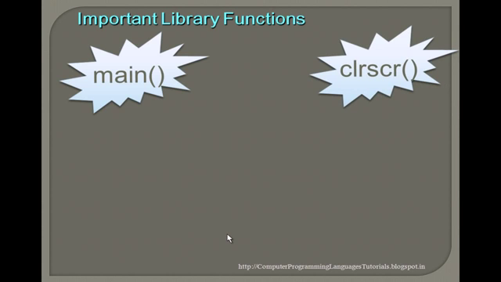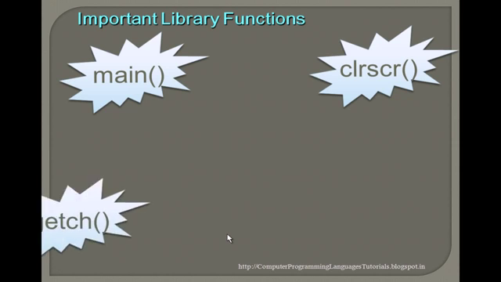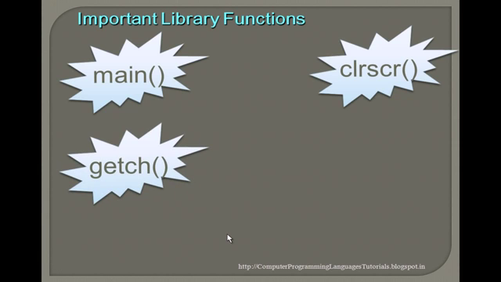The next function is clear screen. It is used to clear your previous output. Getch is useful to hold the output on screen, only to display output, not an input. If you write a program for the sum of two numbers and you give a message, enter number 1, enter number 2, after that you write a process and then print the output, sum is equal to.